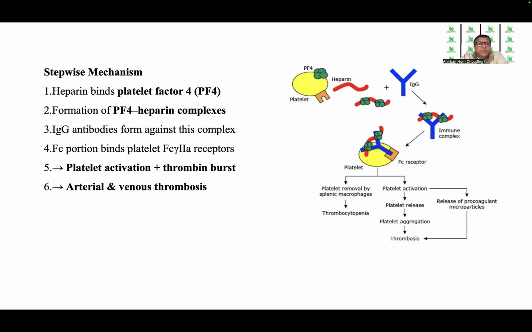To this immune complex, the Fc portion of the IgG binds the platelet Fc gamma 2 receptors, and this causes platelet activation, giving rise to platelet aggregation and release of procoagulant microparticles, eventually leading to a thrombin burst and producing thrombosis.